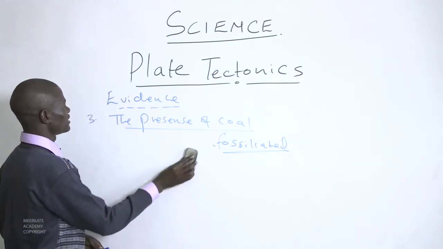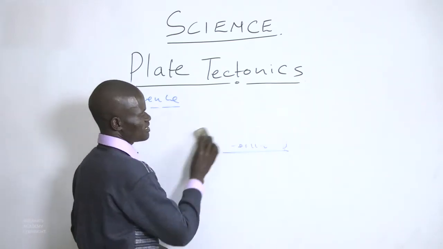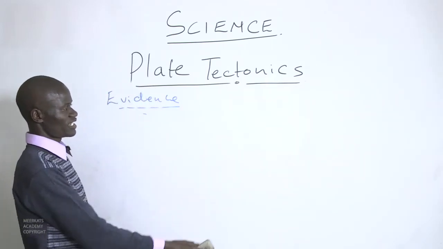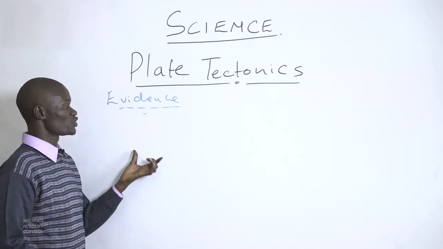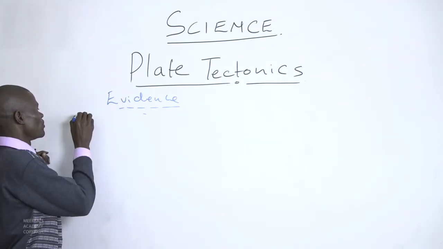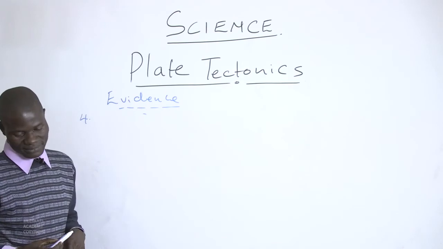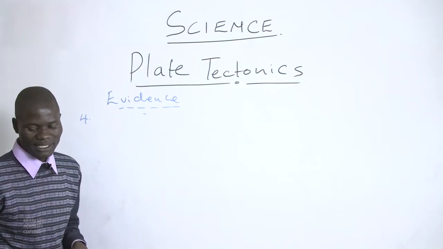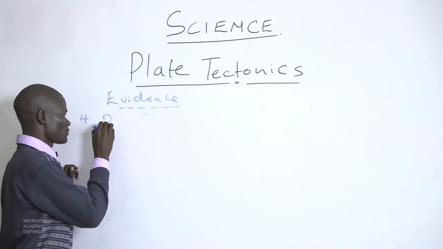What about another evidence? Scientists have various evidence to show that surely the continental drift originated from a huge landmass. The paleomagnetic evidence.